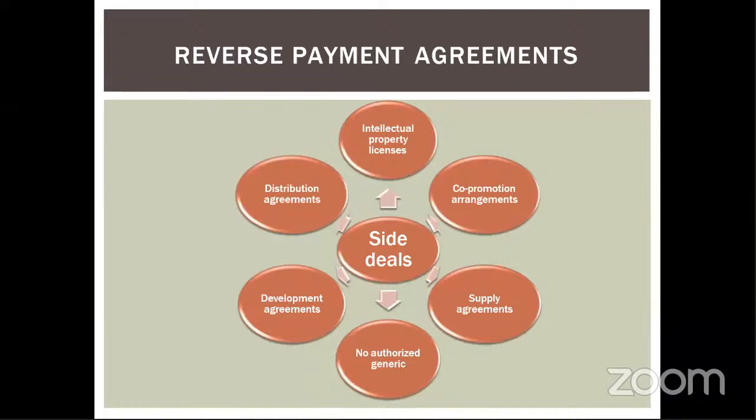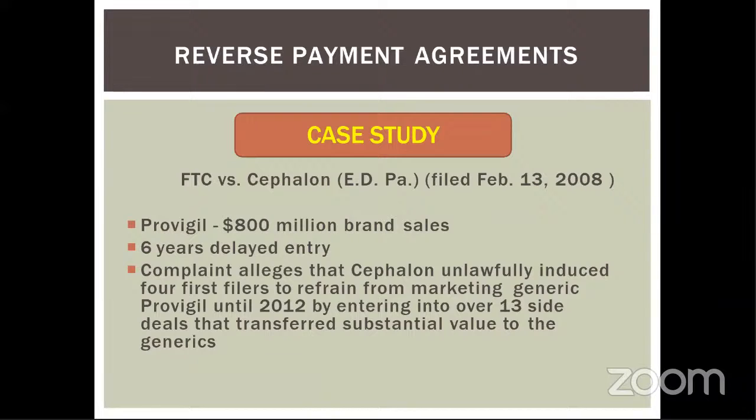Here I have given one case study about this reverse payment agreement. See that: FTC and Cephalon. It was filed on February 13, 2008, and the name of the drug is Provigil.